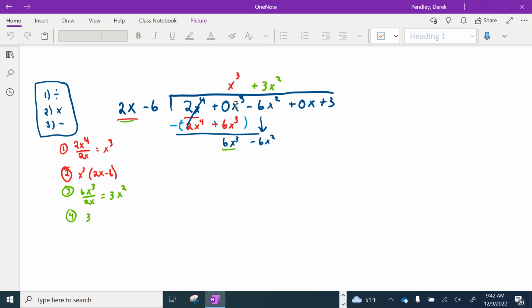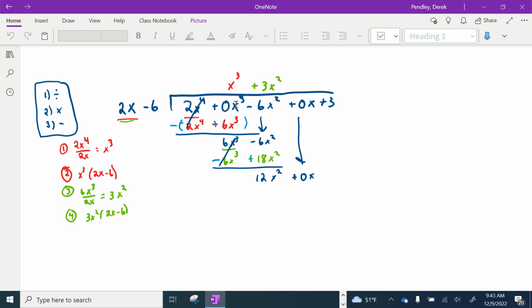When I do that, I get 6x cubed minus 18x squared. Then I have to subtract, which changes the sign of everything. Those two terms end up canceling out, the 6 and negative 6, and we're left with 12x squared. Bring down the 0x. And we've completed 2 of the cycles.